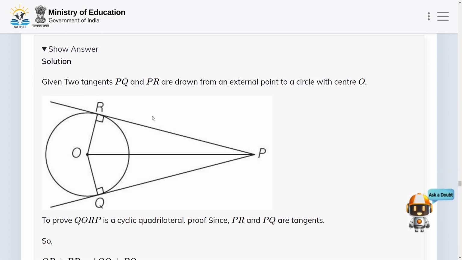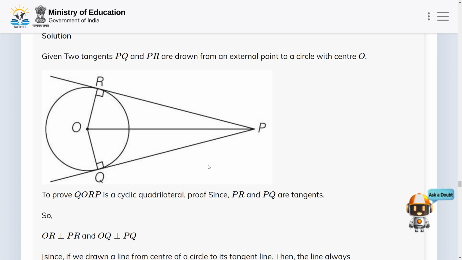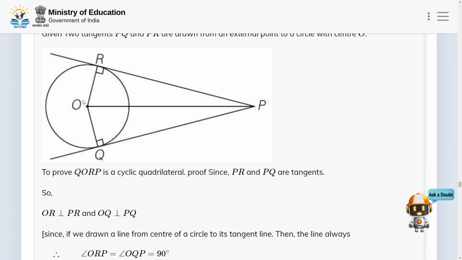From this external point P, we have drawn two tangents to a circle with center O. Now to prove that QORP is a cyclic quadrilateral.